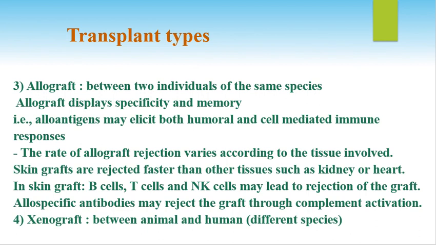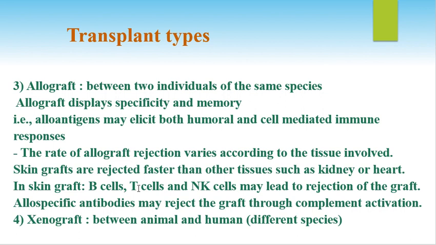Allograft is between two individuals of the same species. However, allograft displays specificity and memory. That is to say, alloantigens may elicit both humoral and cell-mediated immune responses. The rate of allograft rejection varies according to the tissue involved.